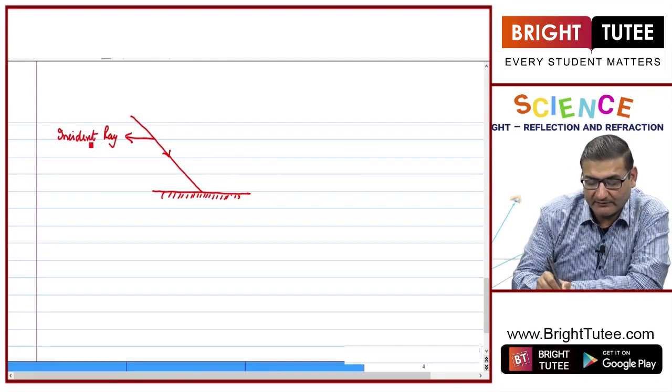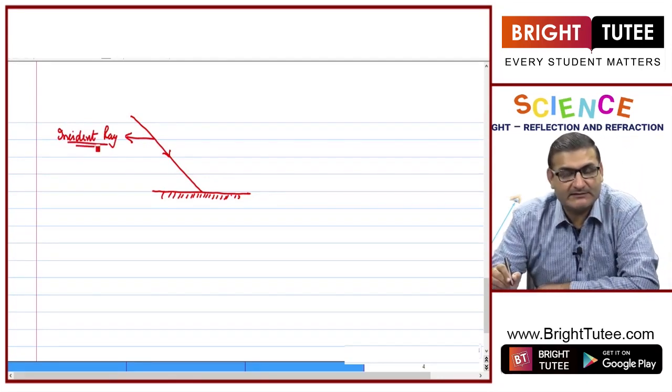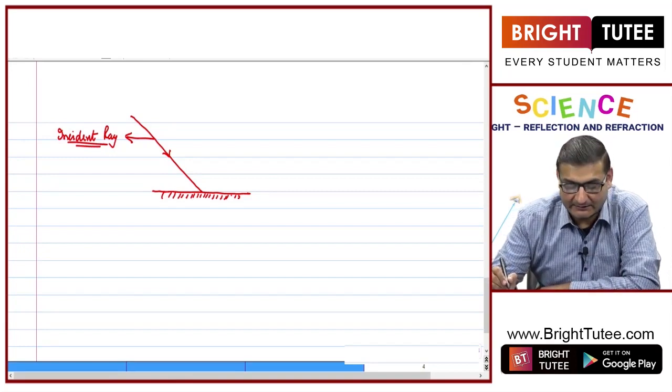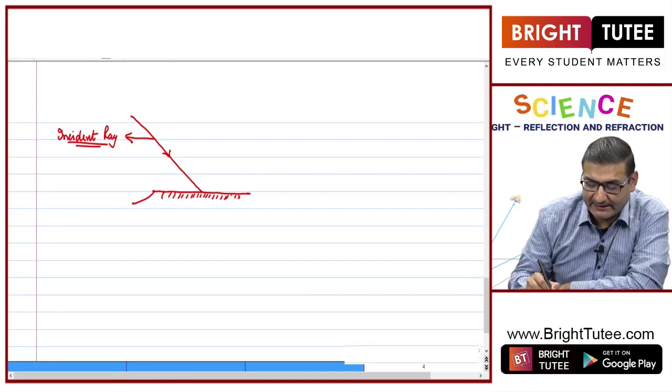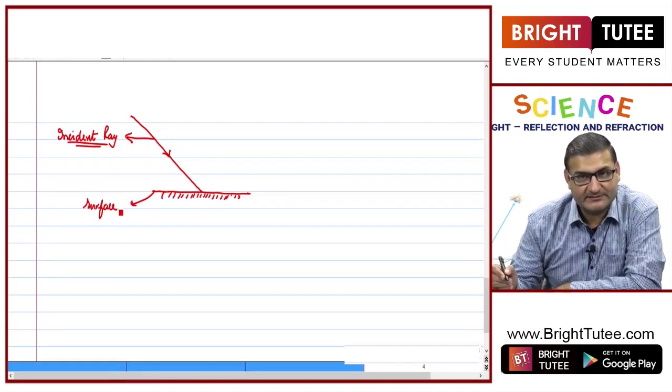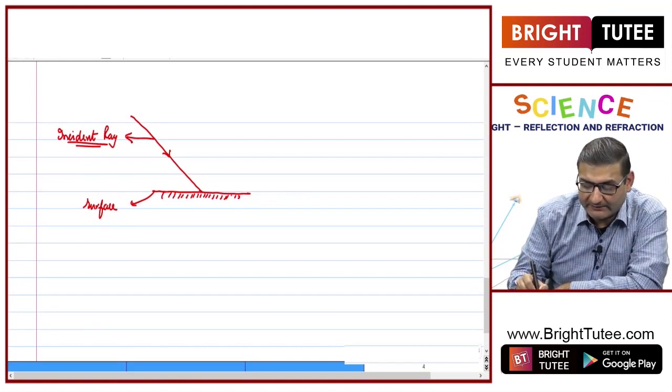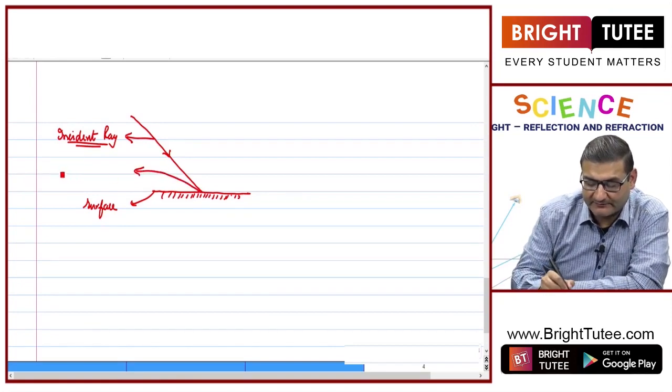We all are aware, we have studied it in 8th class. Now it's time to go into a bit of detail. Basic things we are going to brush up. So this is an incident ray which is striking this plane surface. The point at which this ray strikes the surface is known as the point of incidence.